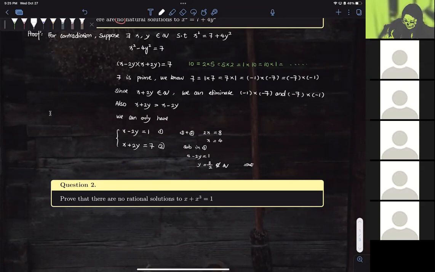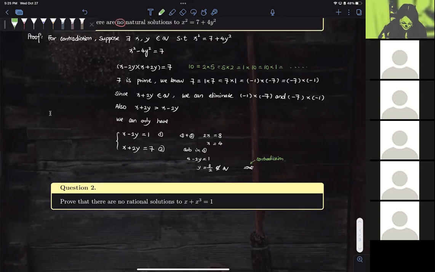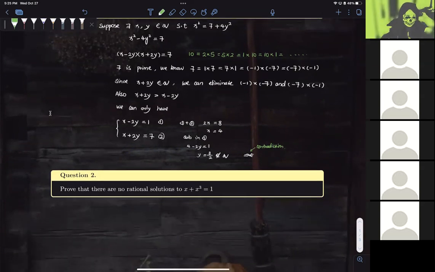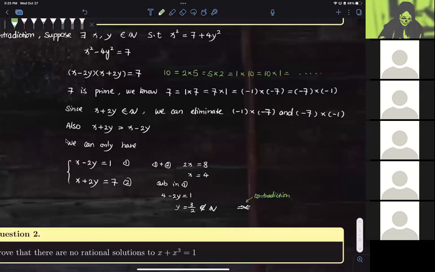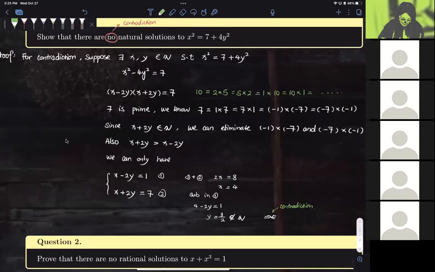By the way, this is a contradiction symbol. Okay, if you are in my tutorial, you know this already, and you know our emoji.